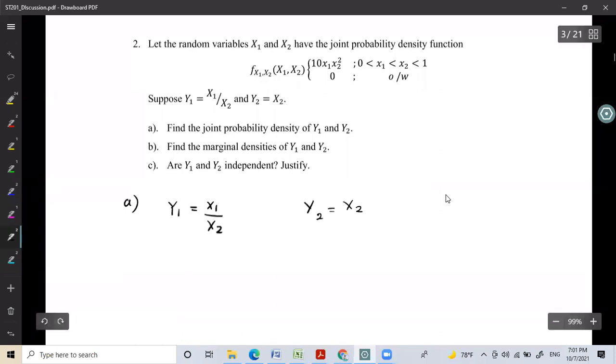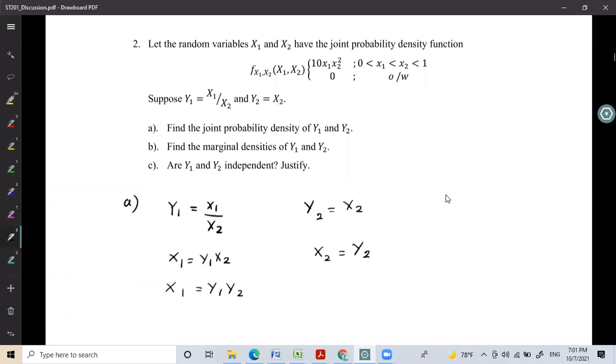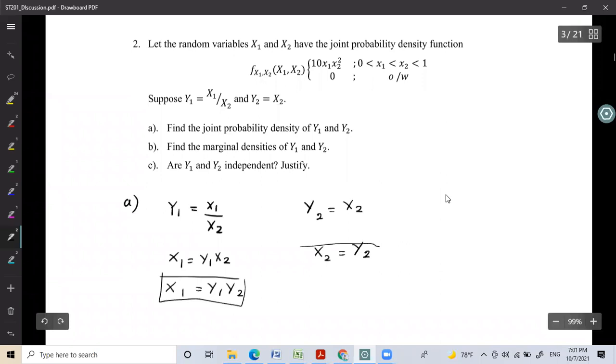So let's do that. When Y2 equals X2, that means X2 is Y2. So that is easy. What is X1? X1 is Y1 times X2, but X2 is Y2. So X1 is Y1 Y2. So you have X1 and X2 in Y1 and Y2.